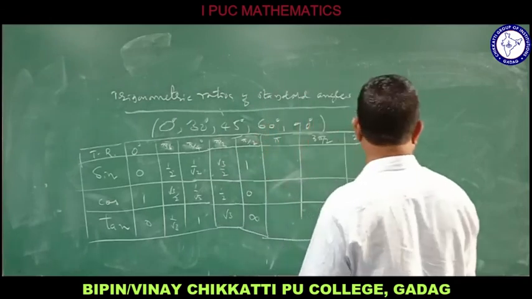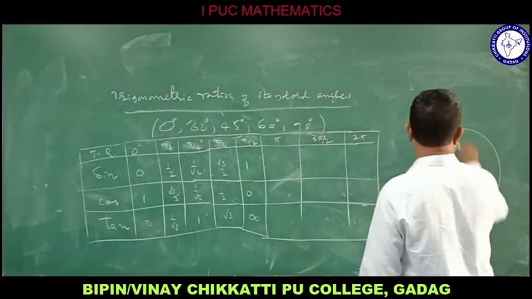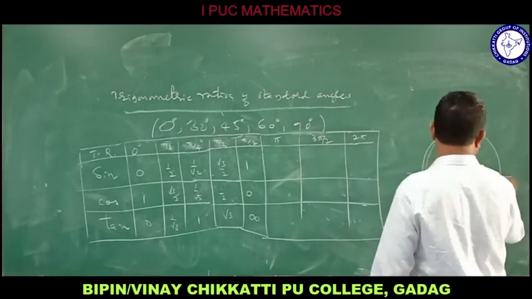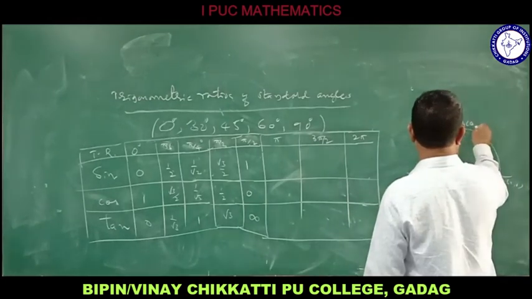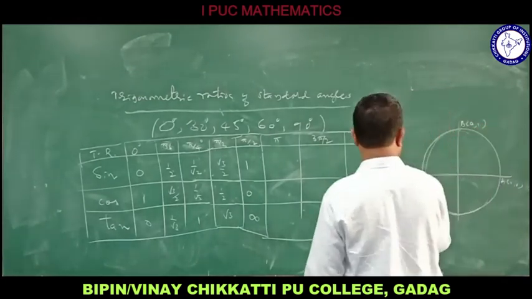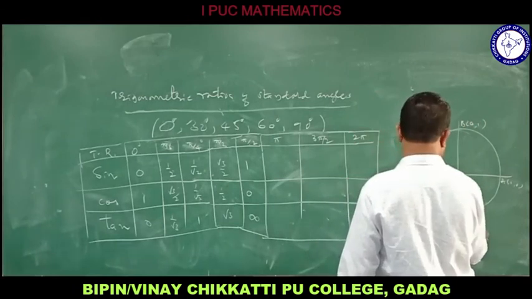And how to remember this? When you draw this, A is (1, 0), B is (0, 1), C is (minus 1, 0), and D is (0, minus 1).